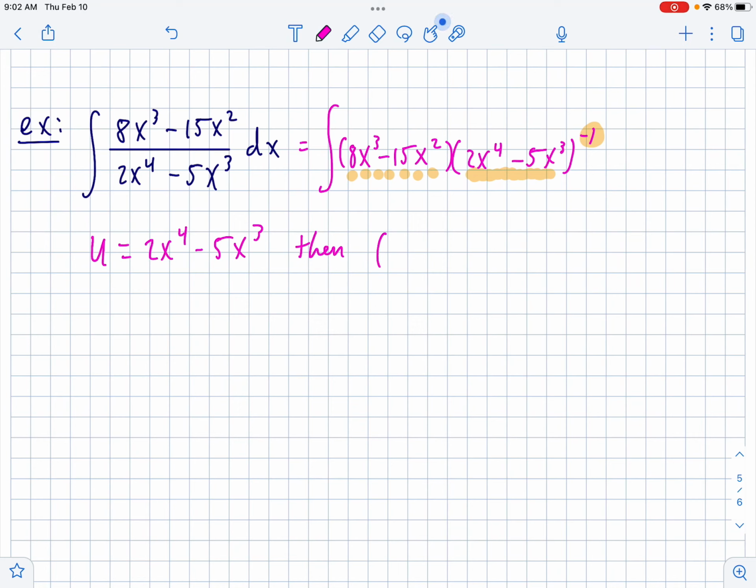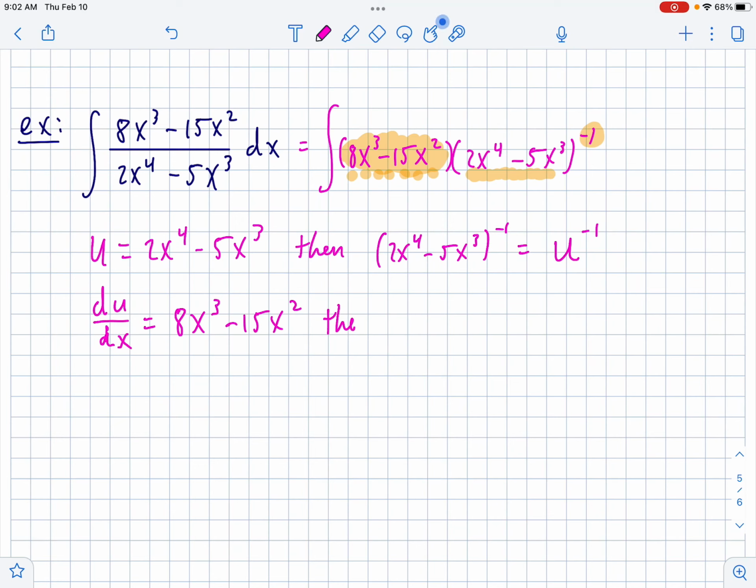And then that means 2x to the 4th minus 5x cubed to the negative 1 power is u to the negative 1. Take the derivative of u. That means du dx is equal to 8x cubed minus 15x squared. That's cool because that is right here, as we discussed earlier.